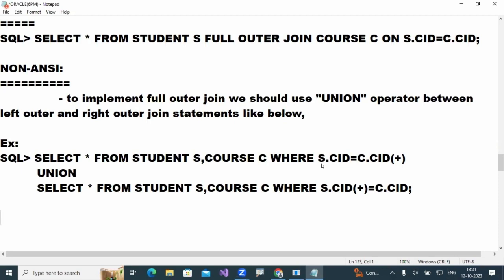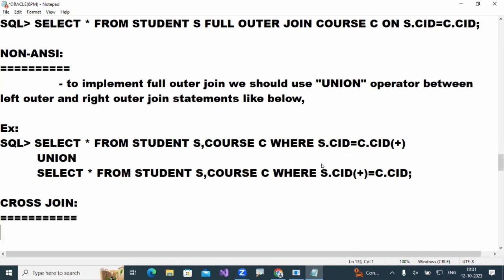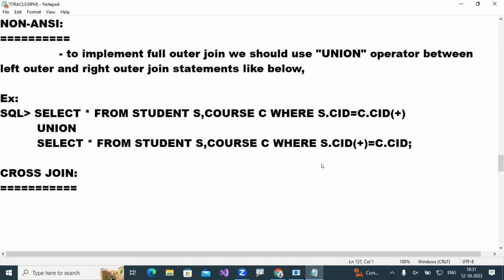Okay, so these are outer join techniques, in ANSI and non-ANSI format. The next topic is cross join.